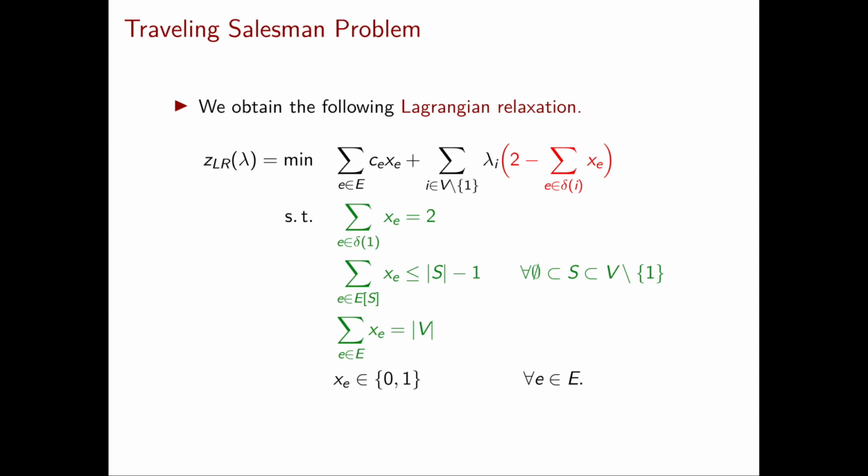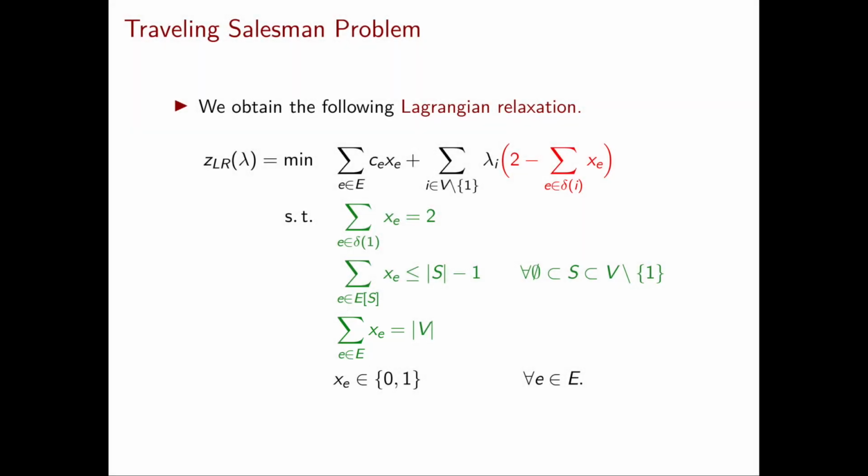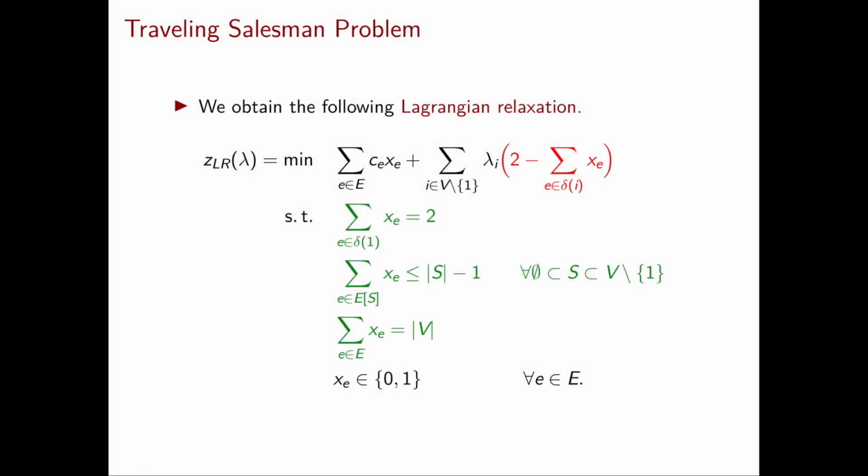A key observation is that at this point, the equality that was redundant before is no longer redundant for the current Lagrangian relaxation, because I don't have all the other equalities that used to imply such a constraint.